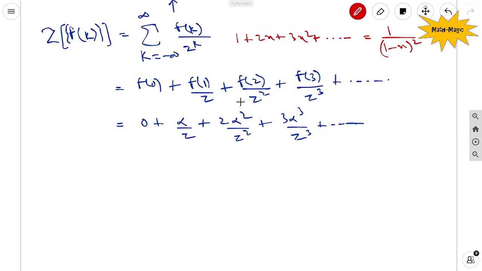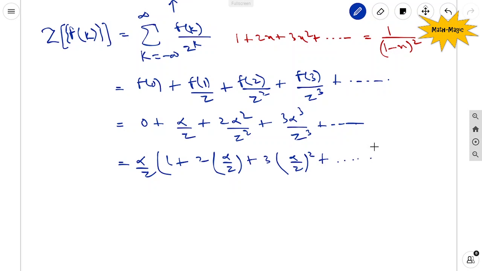Okay, so now by just comparing, we can see that we just have to take alpha by z common. Maybe I have written this expansion earlier in terms of z; here I have just written it in terms of x. So we take alpha by z common, so we are left with 1 plus 2 times alpha by z plus 3 times (alpha by z) square plus and so on.